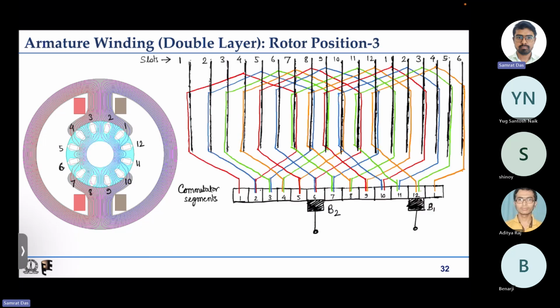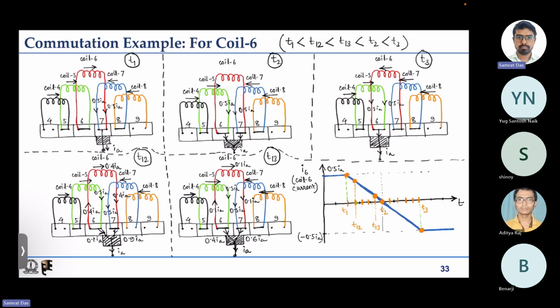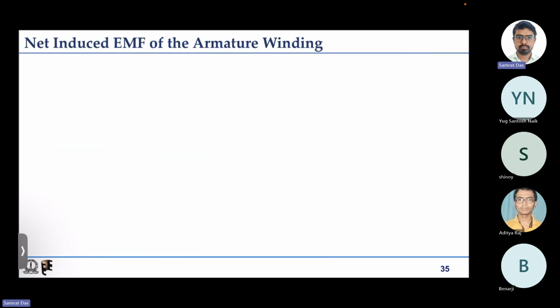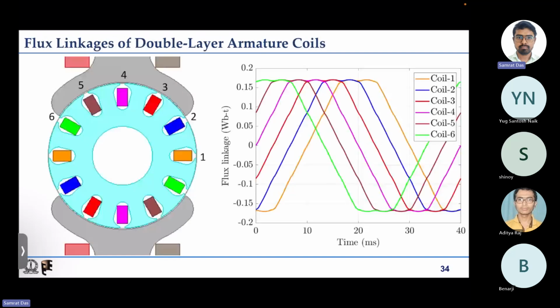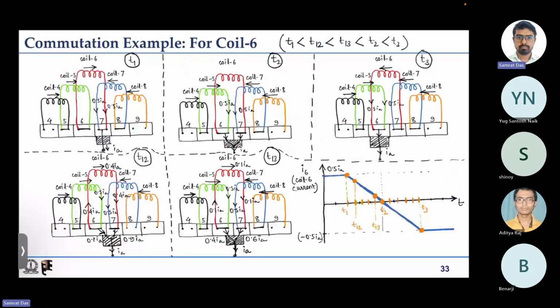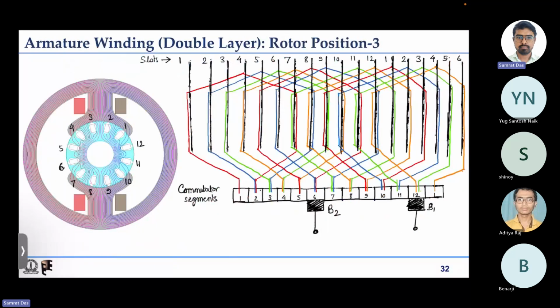But eventually we understood the commutation as well. What eventually happens is that parallel paths are formed because of this commutator and brush arrangement, and some of the coils come in series, and some combinations of those coils come in parallel. That is what we know.